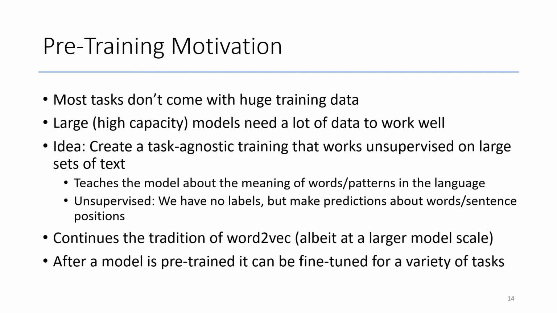And once this model is pre-trained with usually a lot of compute power, it can then be taken and fine-tuned for a variety of tasks that work on this specific language.